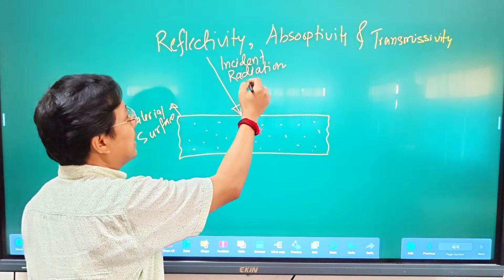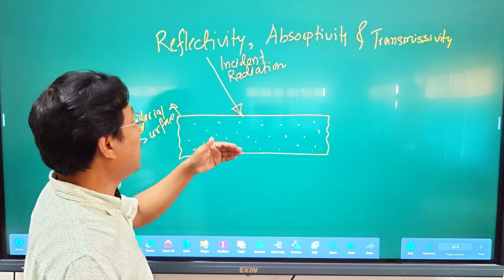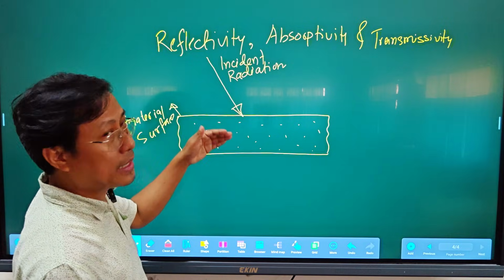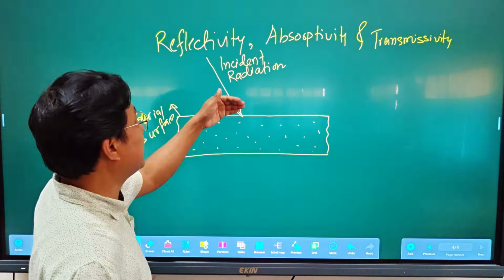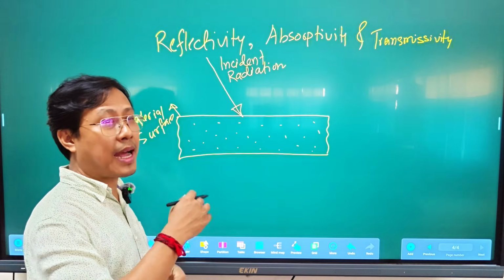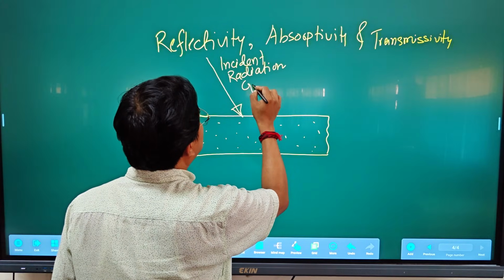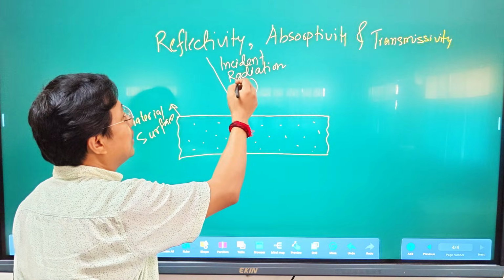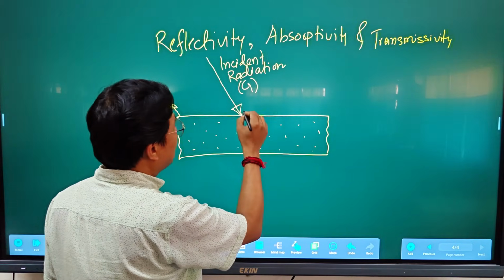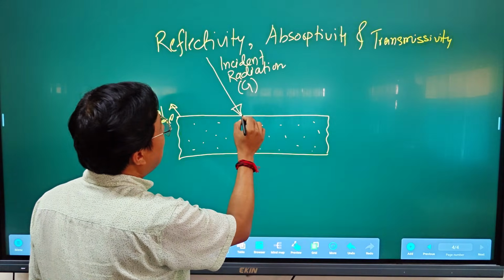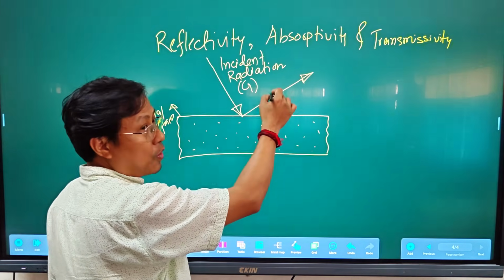The incident radiation is impinging on the surface of this body, and it will be divided into three parts. We denote this incident radiation by G, and whatever G comes on this surface, a part of the radiation will be reflected.